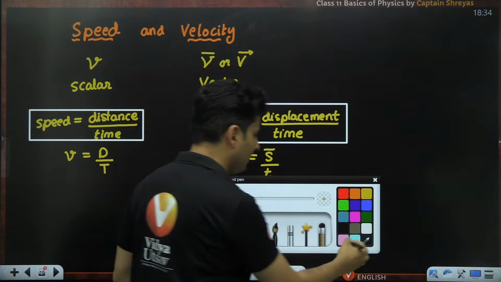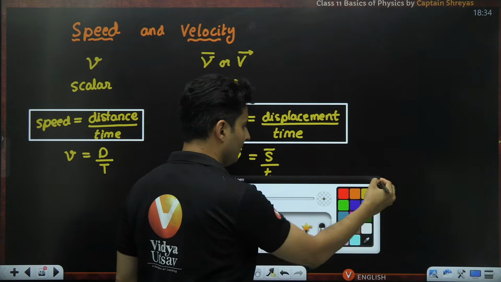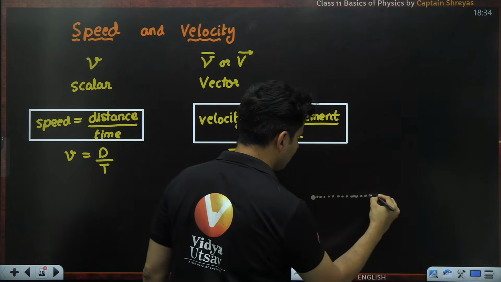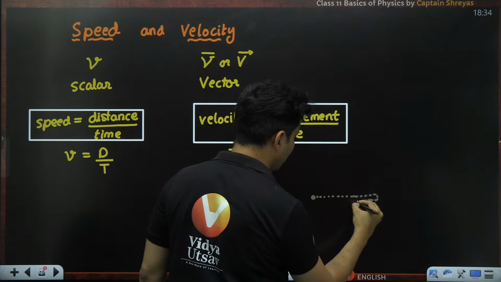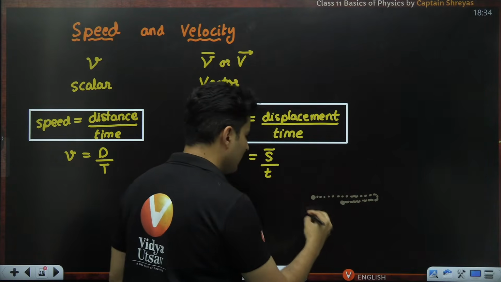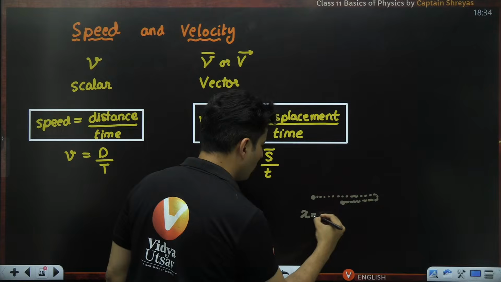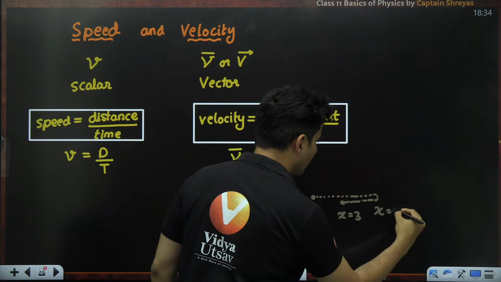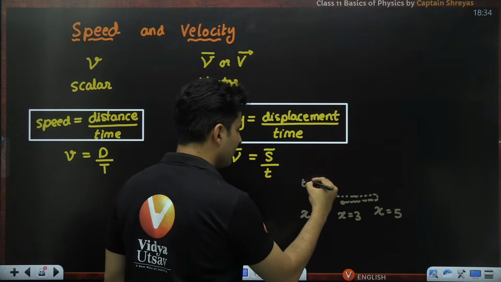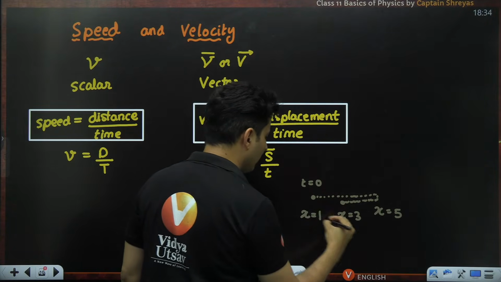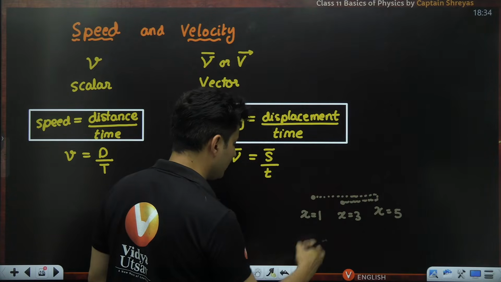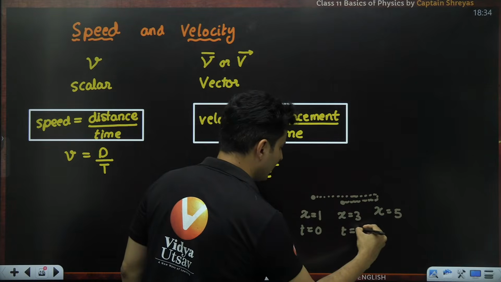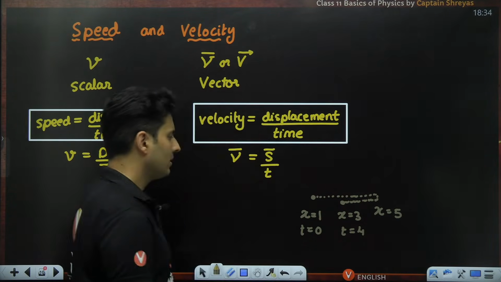Say for example, we have something which goes over here like this, then comes back over here like this. This is x equal to 1 at t equal to 0. This is x equal to 3. This is x equal to 5. This is at t equal to, let's say, 4 seconds.